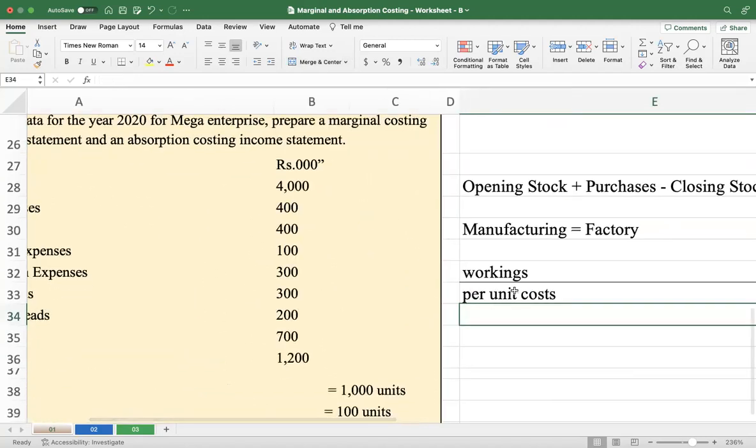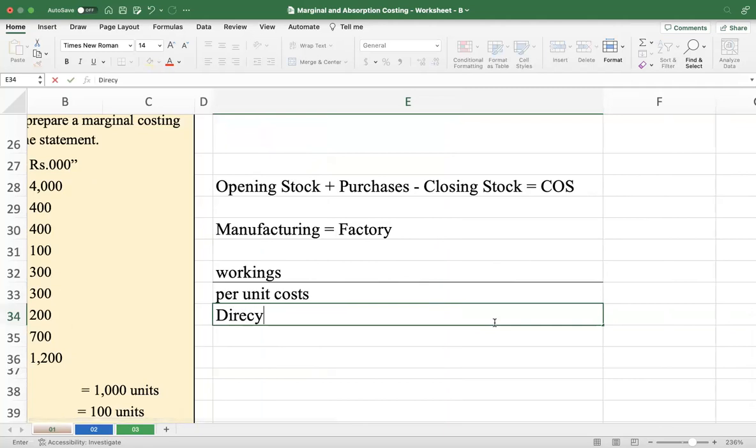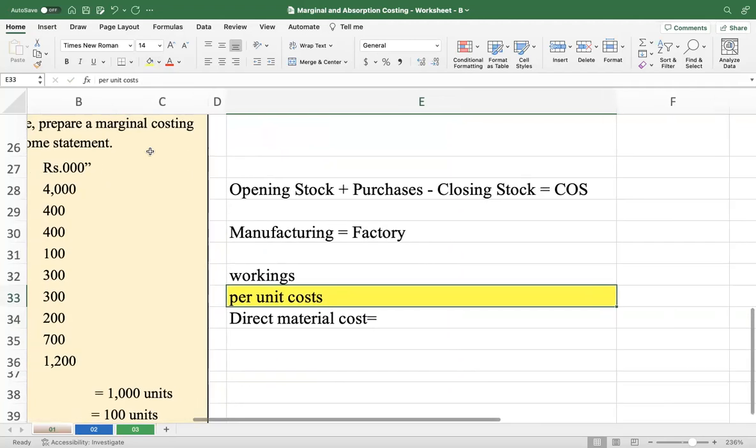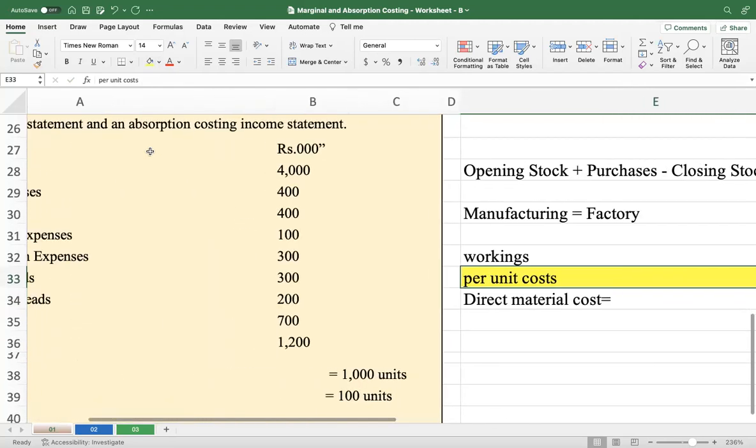So separately write workings. Let's find out the direct material cost. What is the direct material cost per unit? Now we are finding per unit costs here because after this, when we are finding the value of the closing stock, we need the per unit cost.